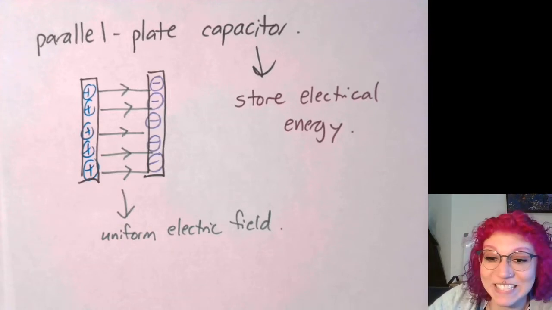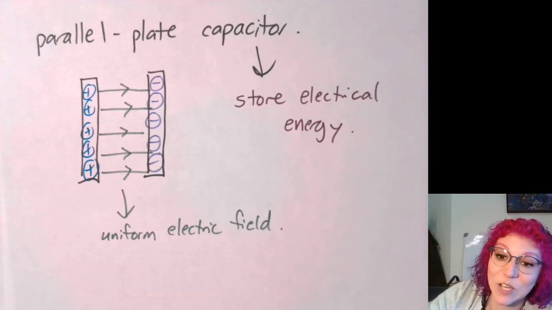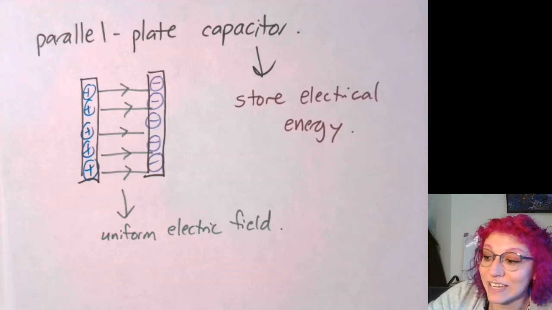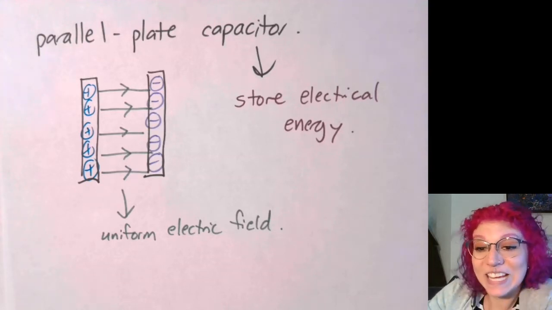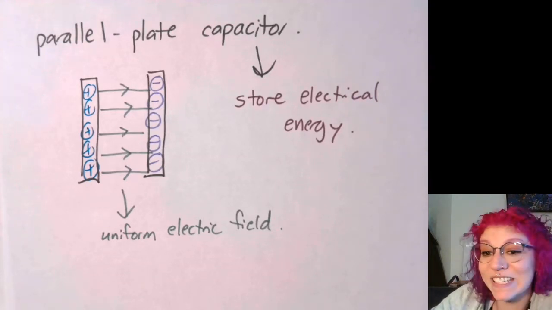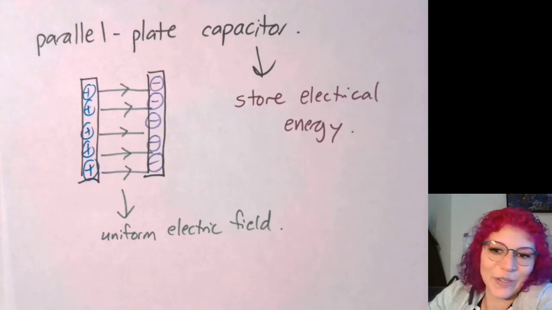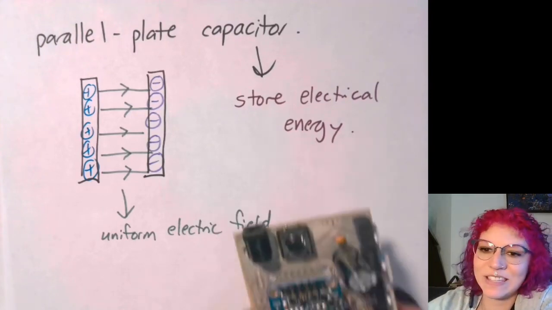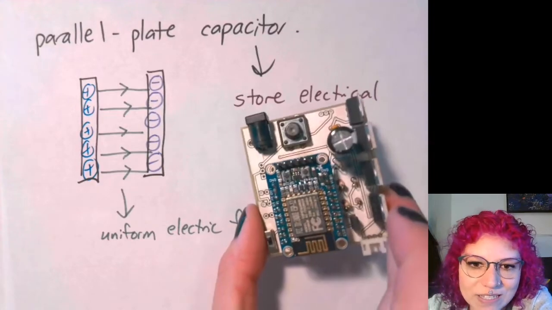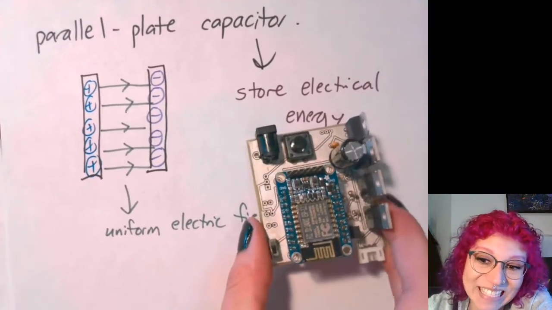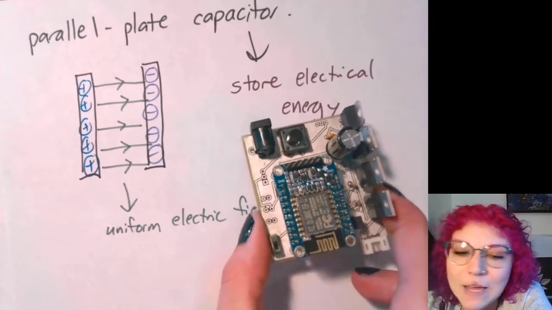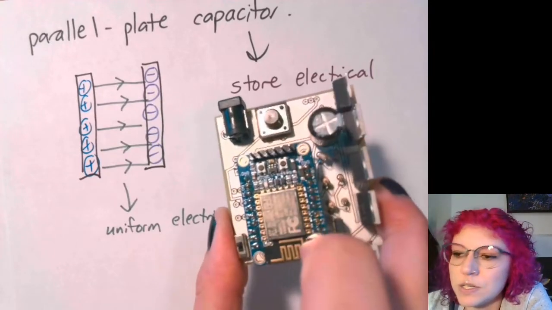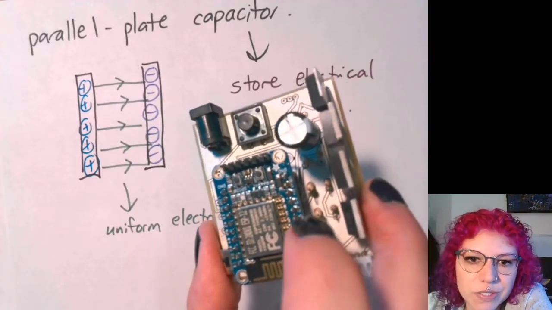I got this next example. My husband is a software developer and computer engineer, and he designs circuits for the projects he does, just fun projects. This is what he designed to control LEDs for a project he was doing, and it has a couple different components. You can see some resistors soldered down there.